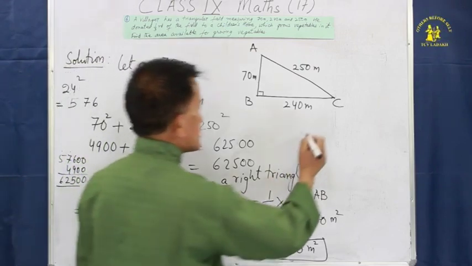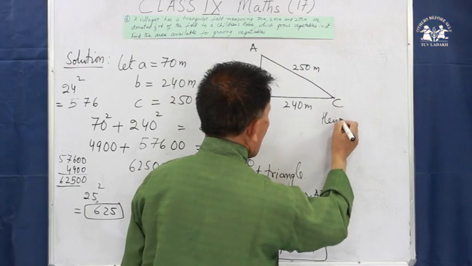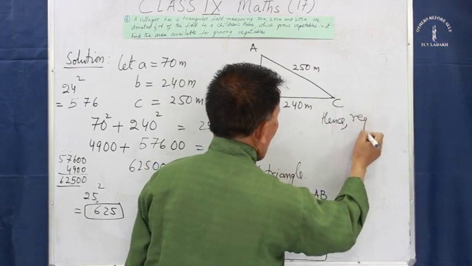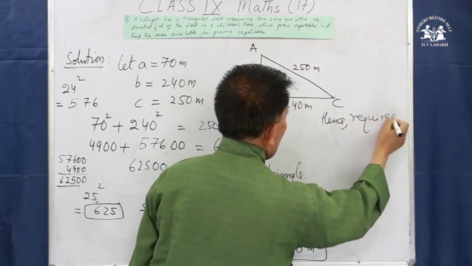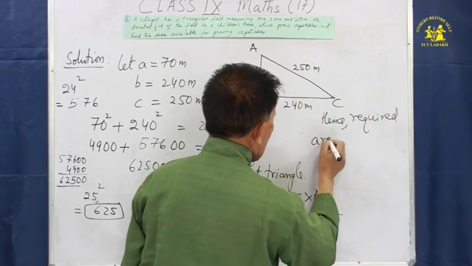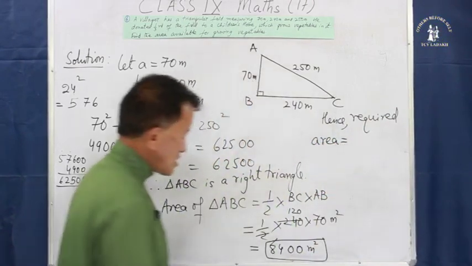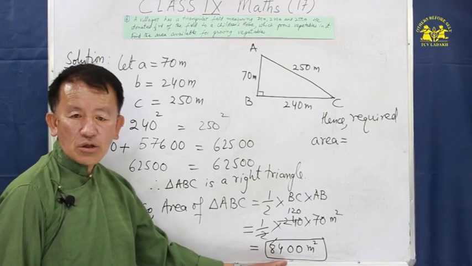The actual question is, you have to find the area of the field required for growing vegetables. So hence the required area for growing the vegetables is 1/3 of this.